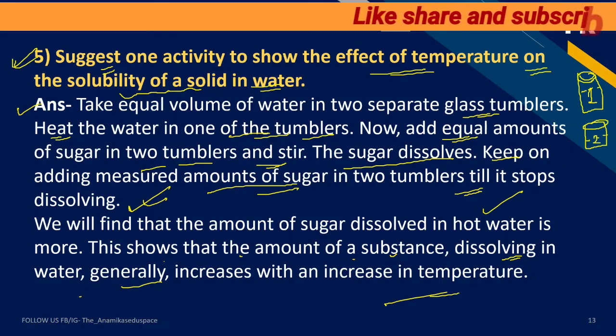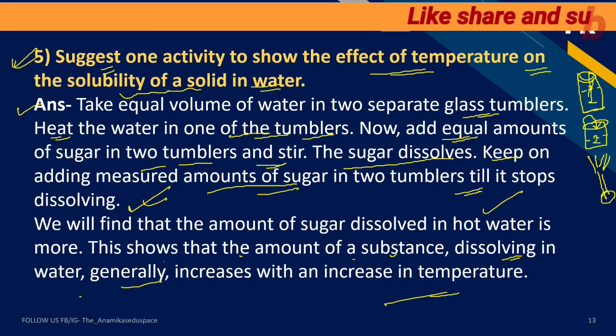Okay, so what we have to do, in tumbler number 1, that is in the glass beaker number 1, we have to keep the sugar as it is, dissolve the sugar and stir it well. But in tumbler number 2 we have to put heat and we have to add sugar.